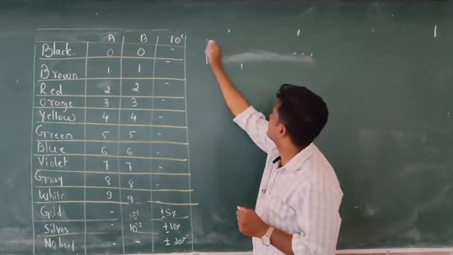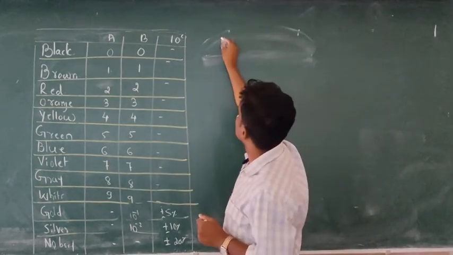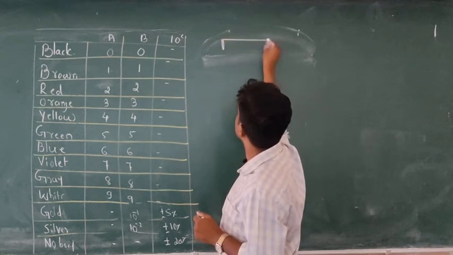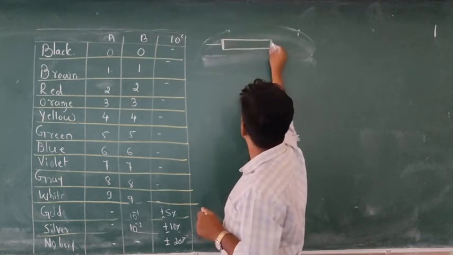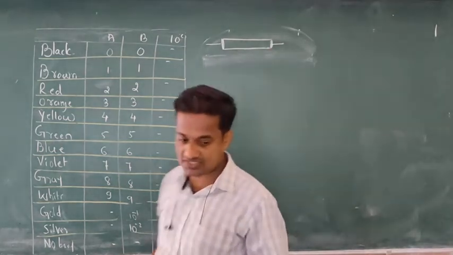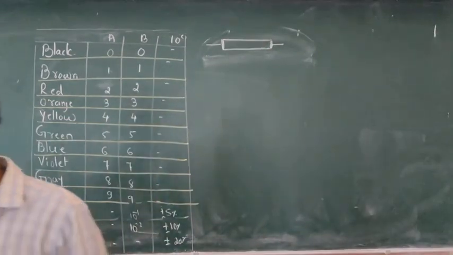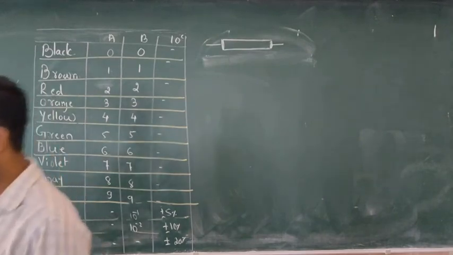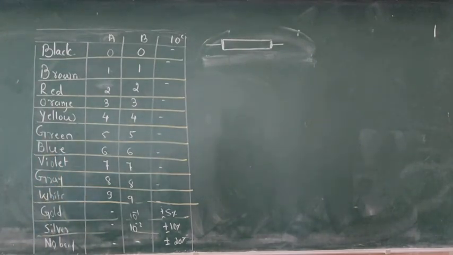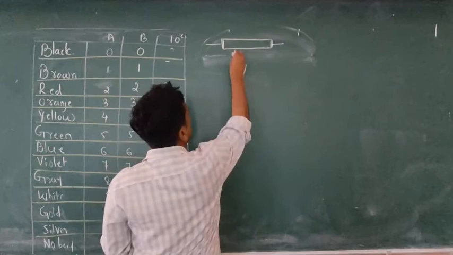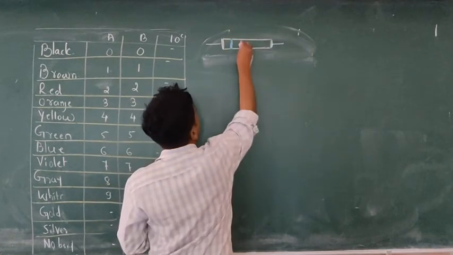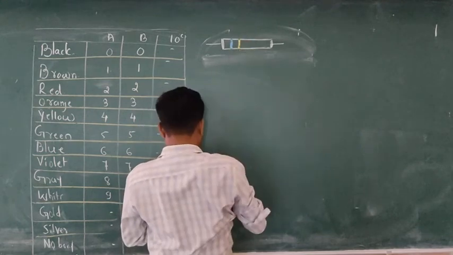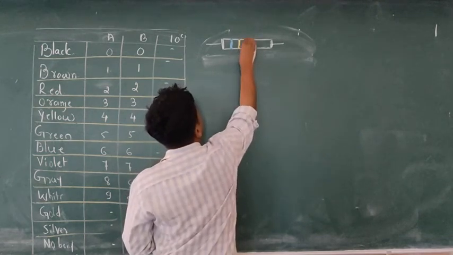Then if you consider resistors, it is like this. Then there are color codes on this one: first band, second band, and third band.